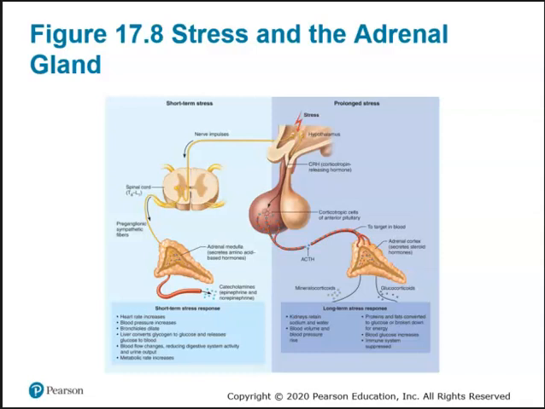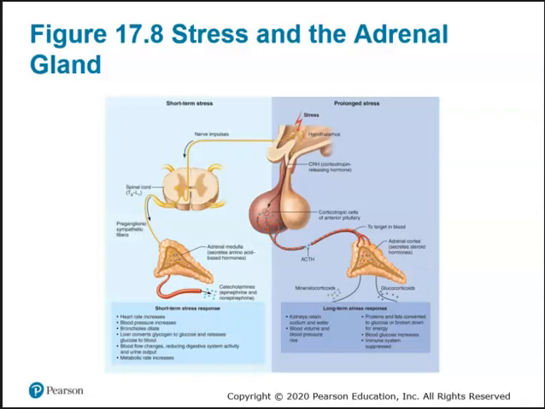And then we have blood flow changes. Usually we'll shut down the organs of our digestive system because we don't need them for fight or flight. So we have a reduction of digestive system activity and urine output, and metabolic rates will also increase. So that is the short-term stress response.